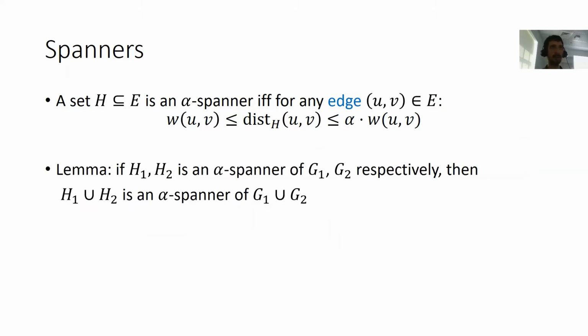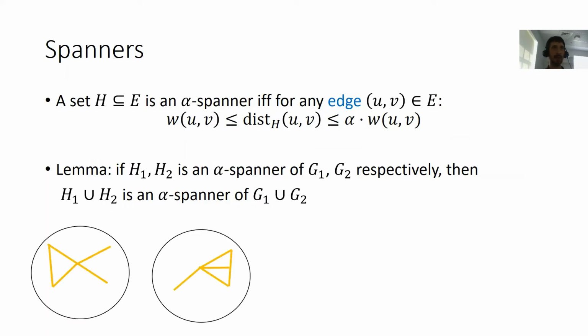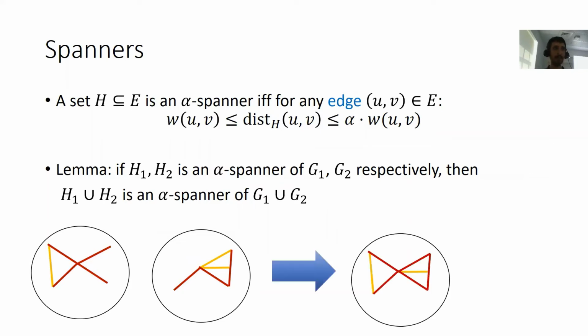And one easy lemma you can derive from this definition is that if you have a graph and split it in two, and compute an alpha spanner on each graph and take the union of these spanners, then this union is an alpha spanner on the union of the graphs.